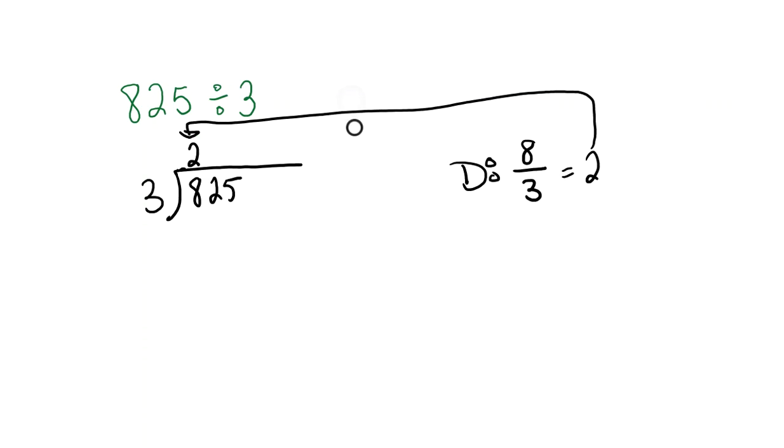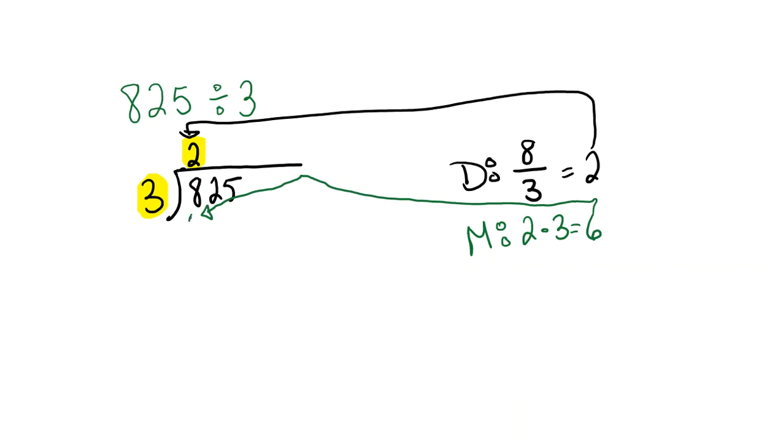And then in the long division process, we take this 2 and you multiply it by 3. So we multiply 2 times 3 and we get 6. And then what happens is we take that 6 and we put it underneath. And finally, what we do is we do subtraction. We do the 8 minus 6, which we're going to show over here.